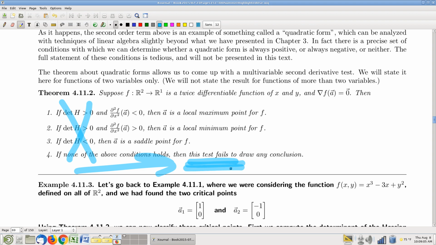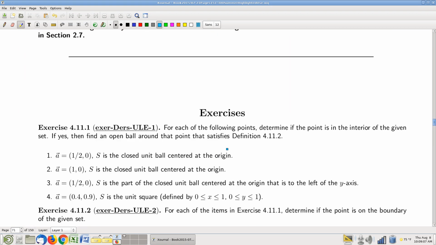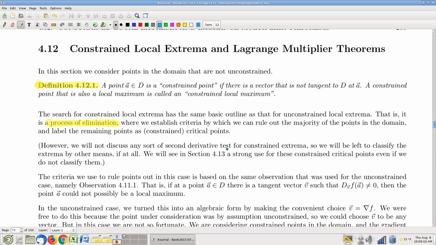Okay. All right, so let's move on now to boundaries. What do we do with boundaries? This is still a process of elimination. We're still going to be looking for ways to eliminate candidates. We're never going to have a technique that will just magically go right to the maximum, that just says, here it is, and this is the result of my algorithm, therefore it's the maximum.